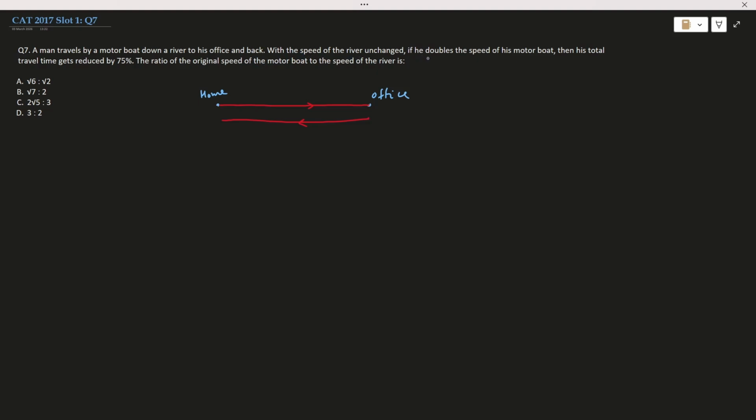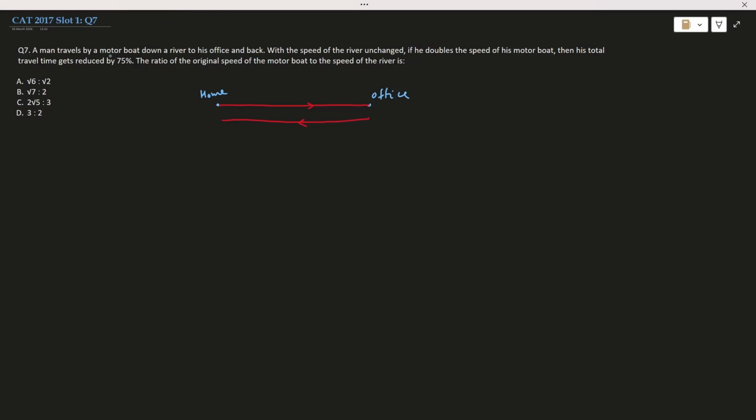If he doubles the speed of his motorboat, then his total travel time gets reduced by 75%. Find the ratio of the original speed of the motorboat to that of the river. So let's say this is his home, and this is his office. He's going like this, and then again coming back. This is a time, speed, and distance question, and under it there is a topic called boats and streams.